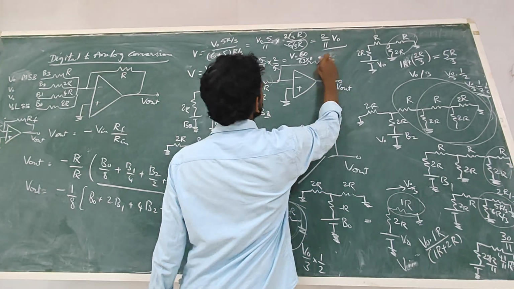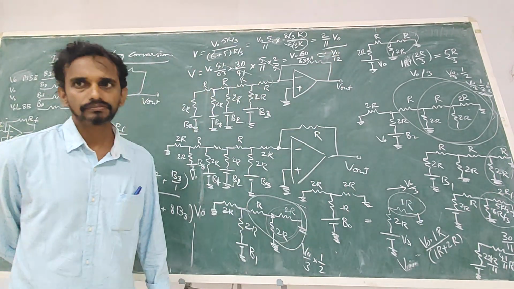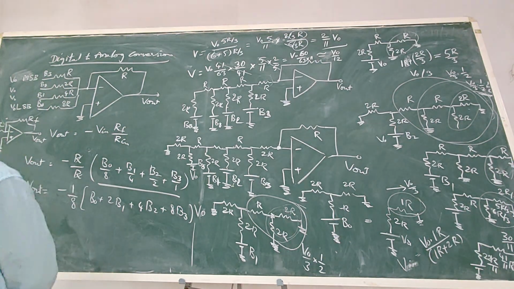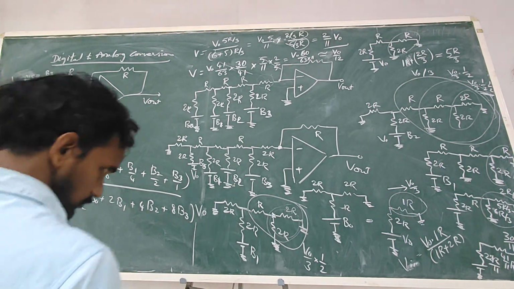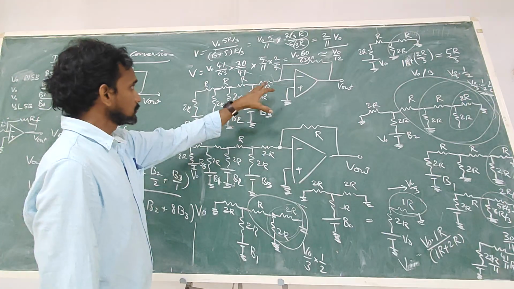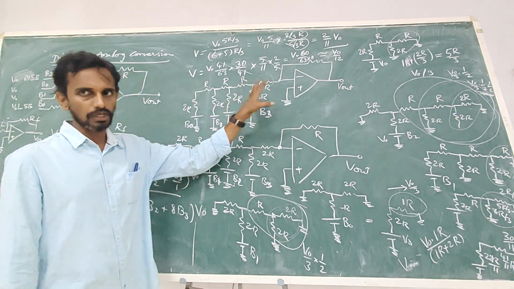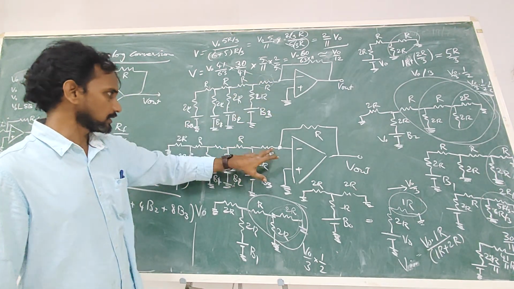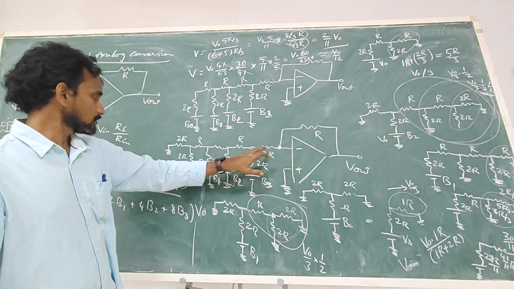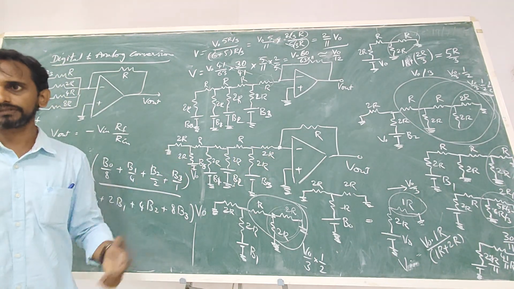Expected value is... So this is an approximate circuit for R2R ladder, where this R is divided into two parts and becomes 2R parallel with 2R at the other end.